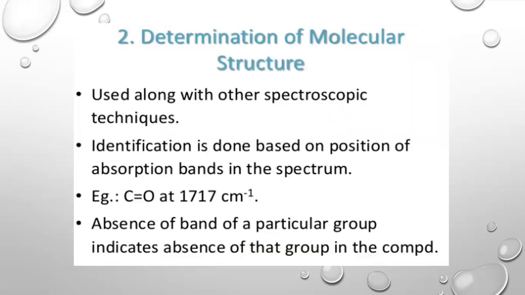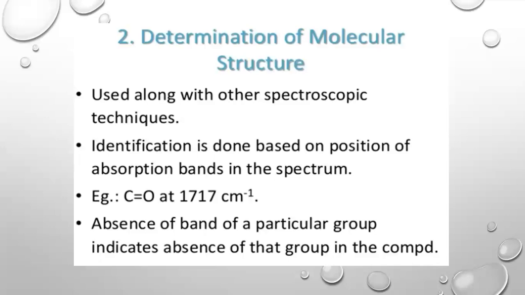Next, determination of molecular structure. It is used along with other spectroscopic techniques, since it only gives an idea about the functional groups present in the molecule. Identification is done based on the position of the absorption band in the spectrum. For example, the carbonyl group produces an absorption band at approximately 1700 cm⁻¹.